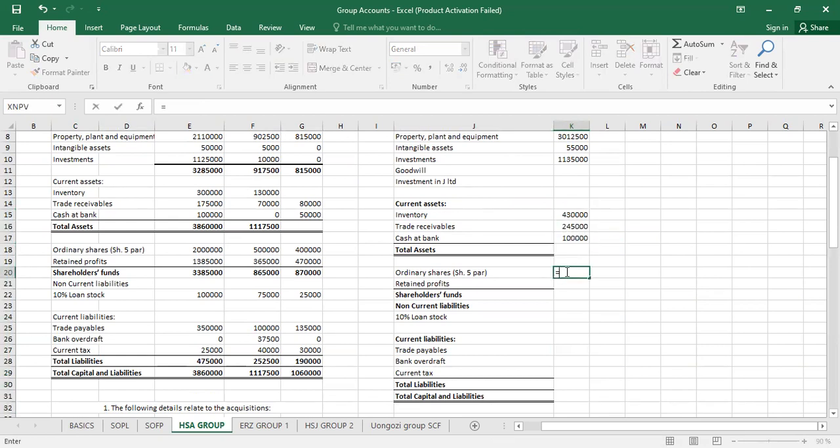Then remember for the ordinary share, we only take the parent. Then the loan stock will be parent plus subsidiary. I'll copy here, Control C, then I just paste it here, Control V, then I drag down.